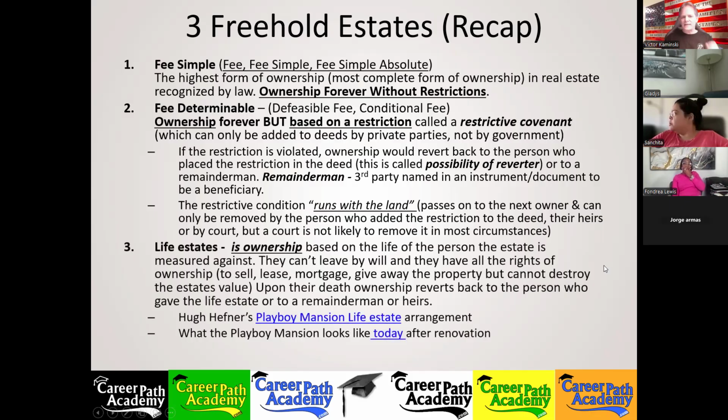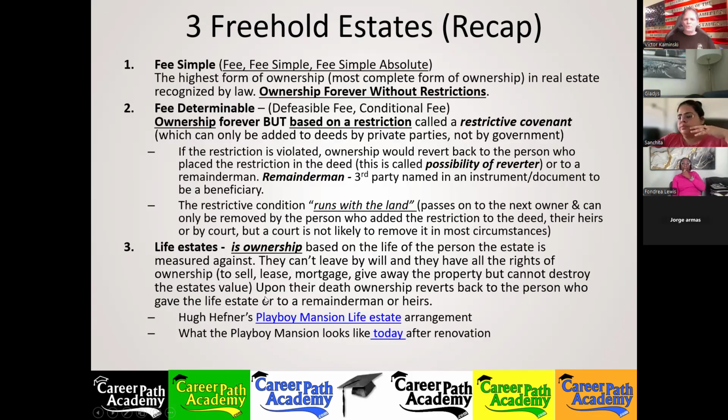Now, the life estate is ownership, and it's based on the life of the person against whose life it's measured. They cannot leave it by will, because when you die, the property reverts back to the person who gave it to you, their heirs, or a remainderman.